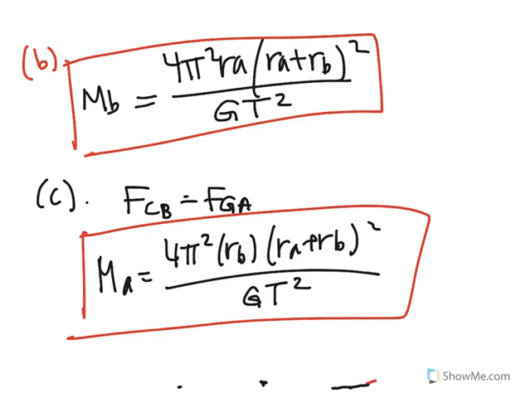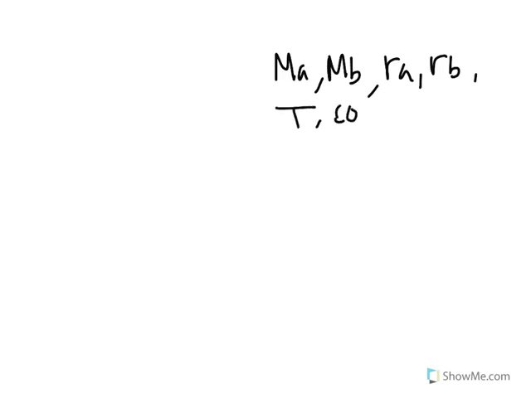Now for part D. Part D asks you to determine an expression with MA, MB, RA, RB, T, and fundamental constants.